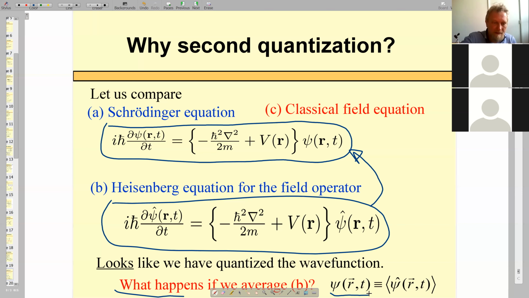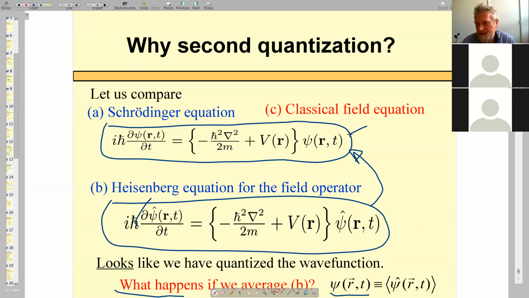If we do so, obviously we get the equation for a function. So it is better to regard this equation as a classical field equation. Equation for a classical field: quantum field is an operator, classical field is just a function, which depends on coordinate and time. And that's the equation this field obeys.